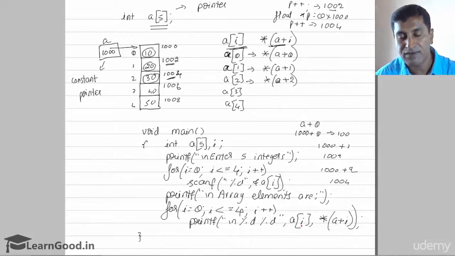If a of 0 value is 10, asterisk of a plus 0 also will display 10. When I value is 1 and a of 1 value is 20, asterisk of a plus 1 is also going to be 20. Right?